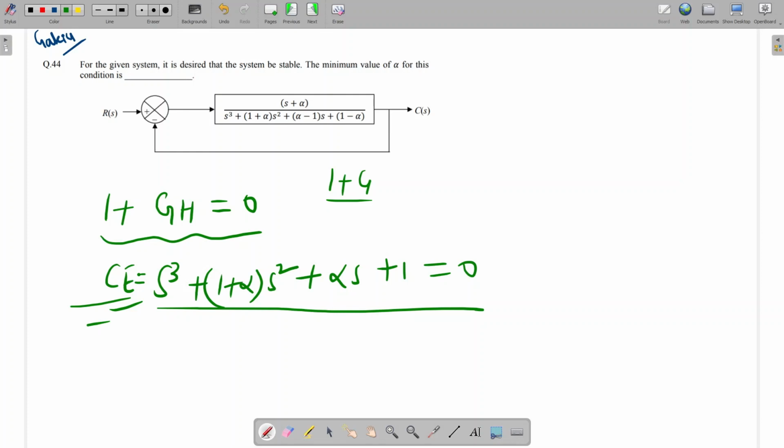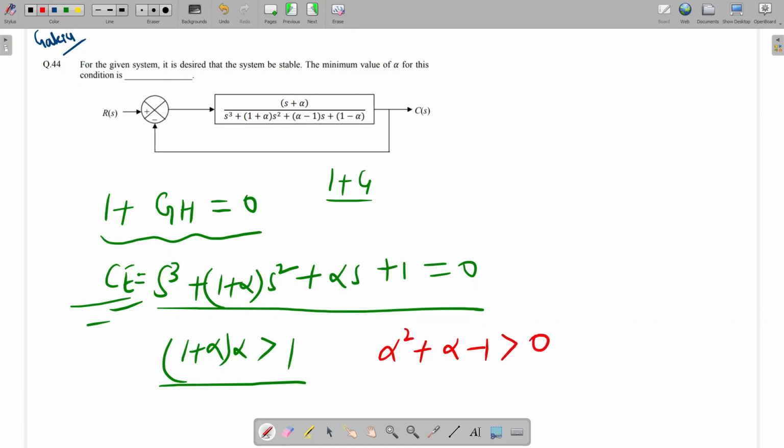So the internal product should be greater than the external product. So (1 plus alpha) into alpha should be greater than 1. Is it correct? Alpha square plus alpha minus 1 should be greater than 0.